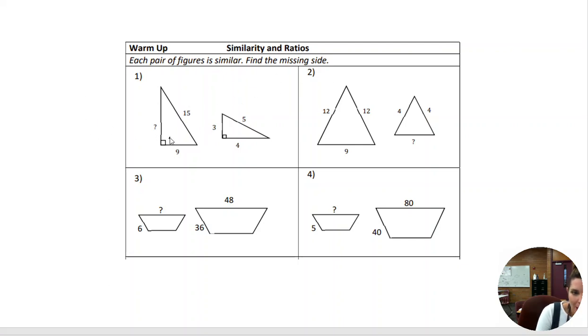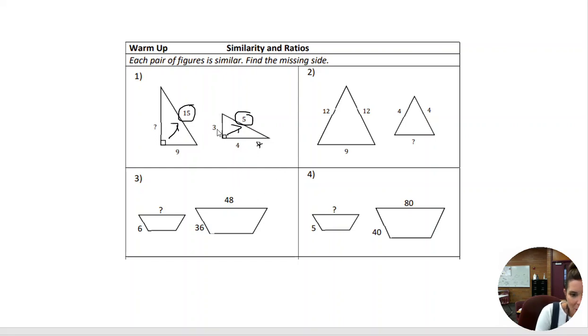So the side directly across from your right angle, that's the longest side, and it's called the hypotenuse. Okay, so in these two triangles right here, we can see that this side corresponds with this side right here. So if we were to flip this triangle up and face it the same direction as the other one, we would see that these two sides, the 15 and the 5, correspond with each other.